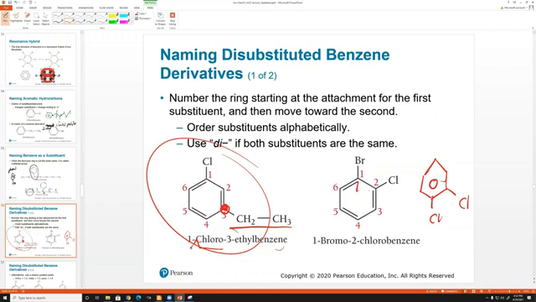So the bromine is going to be 1, chlorine 2, then we go clockwise 3, 4, 5, 6. And then you can start naming. It's a chlorobenzene, with a 1-bromo. That's what happens first. And then we have a 2-chloro. So it'd be 1-bromo-2-chlorobenzene.